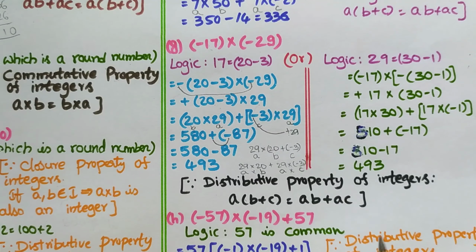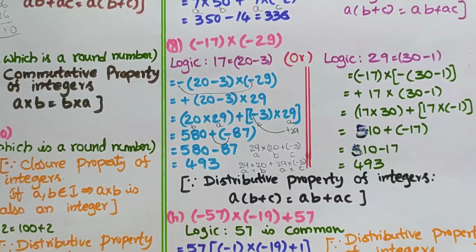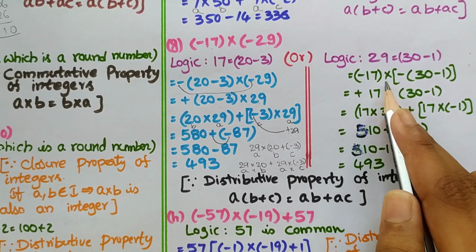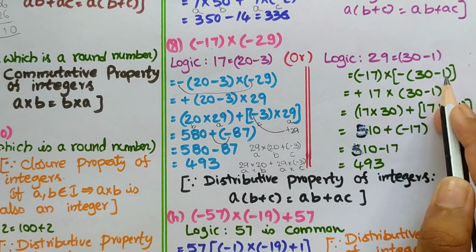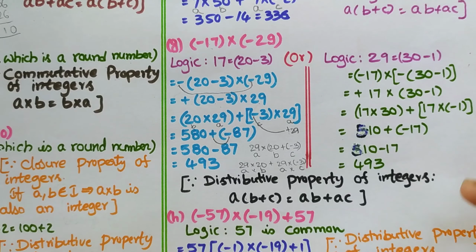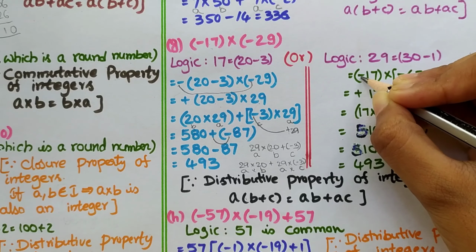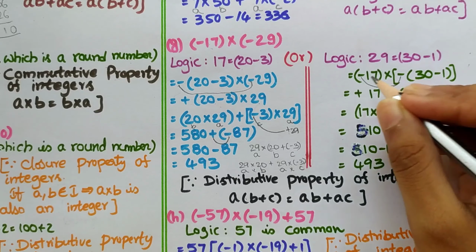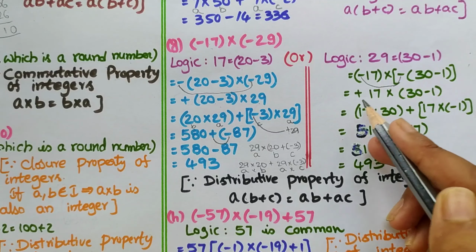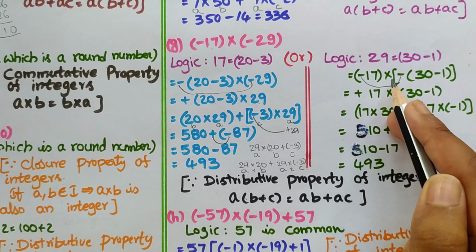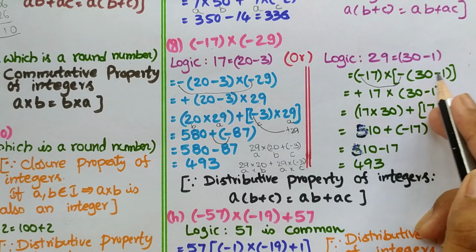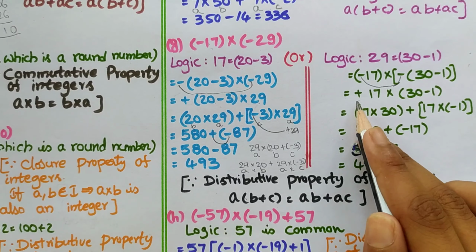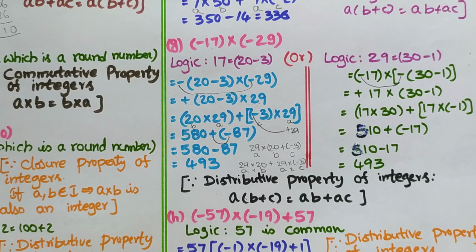Is it clear, friends? Now let us do further simplification. Minus 17 into minus 30 minus 1: this minus into this minus is plus, so we get plus 17 into 30 minus 1.